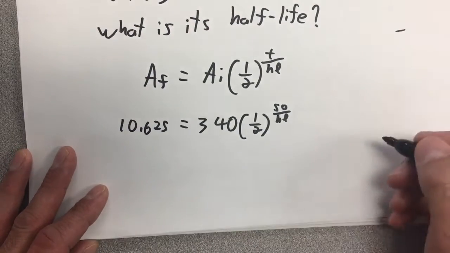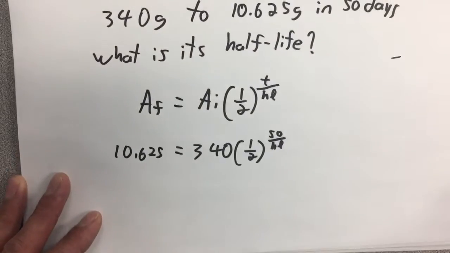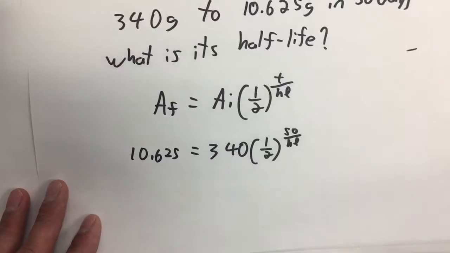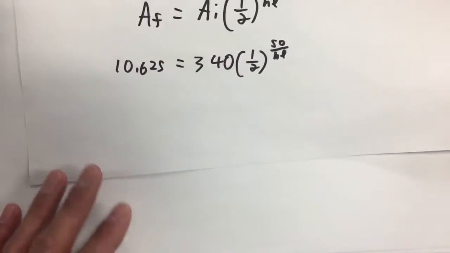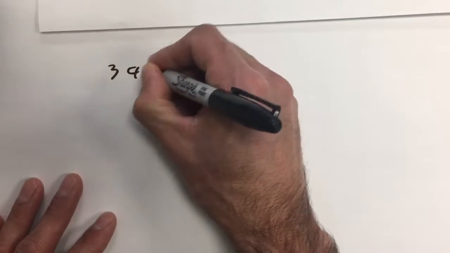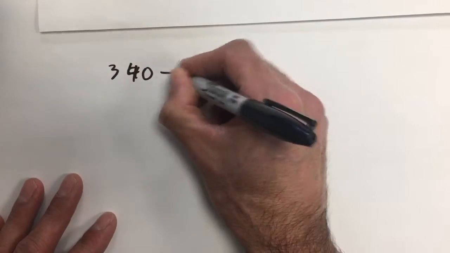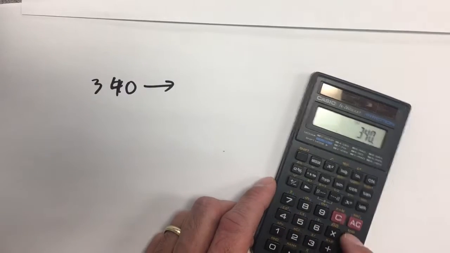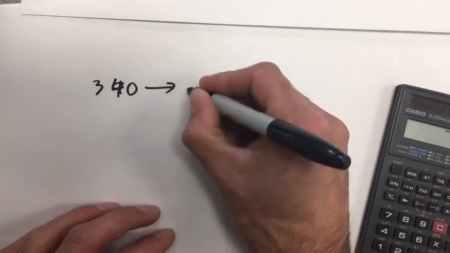Okay, so there's a couple of ways we could do this. I could set this up by drawing it out. This is not how I'm going to solve it, but it's an alternative way to solve it. We could start at 340, and then we're repeatedly cutting it in half, repeatedly dividing that by 2. So 340 divided by 2 gives you 170.